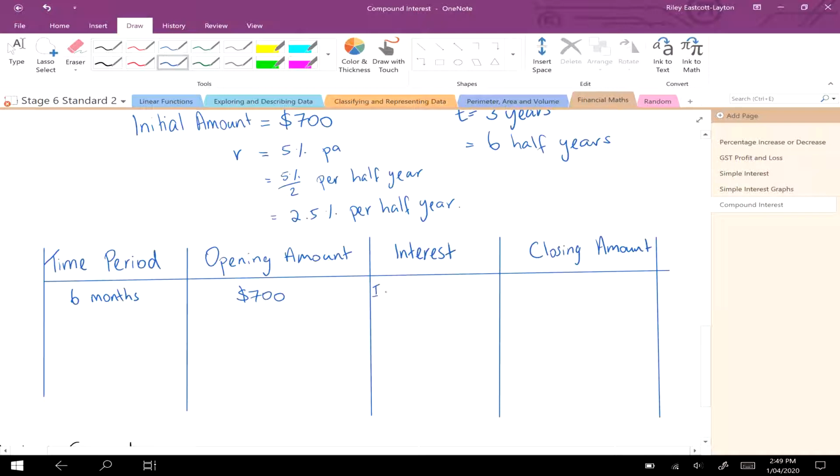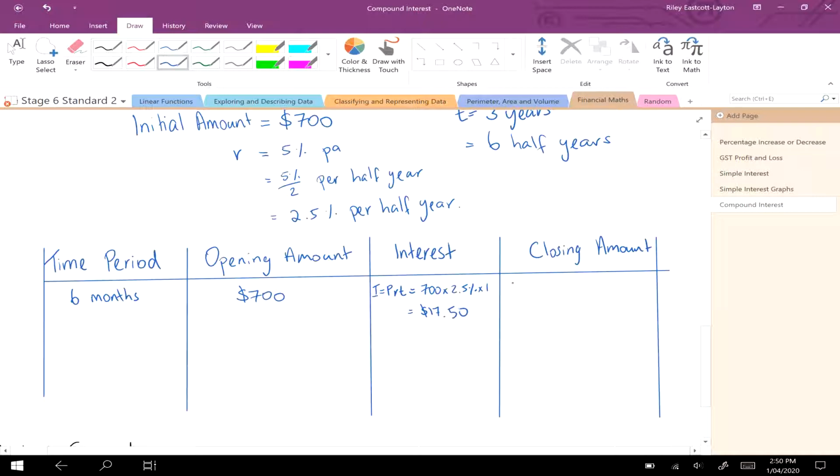Remember that interest equals PRT, which equals 700 times 2.5%. Make sure you include that. Times 1, because we're only running it for 6 months. So 700 times 2.5% is $17.50.